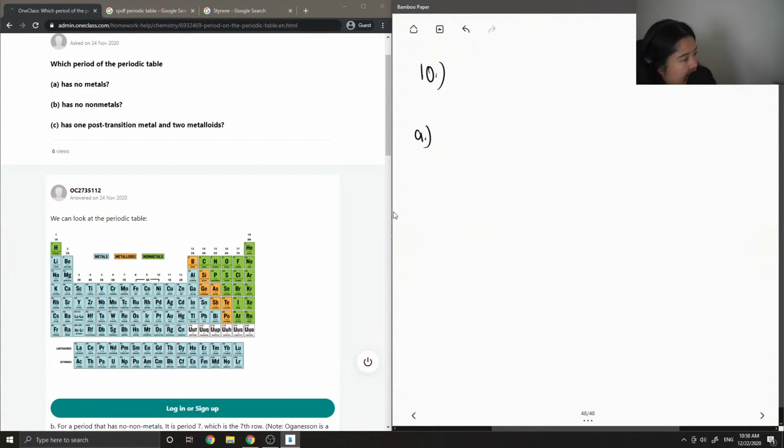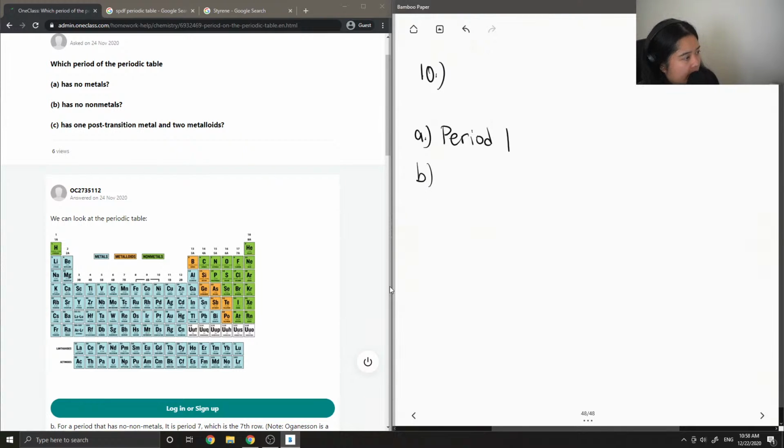If we look at period 1, which only contains hydrogen and helium, this has no metals, and the nonmetals are shown as green, and the blue is shown as metals. So only period 1 contains no metals whatsoever. So for A, I'll write down period 1.